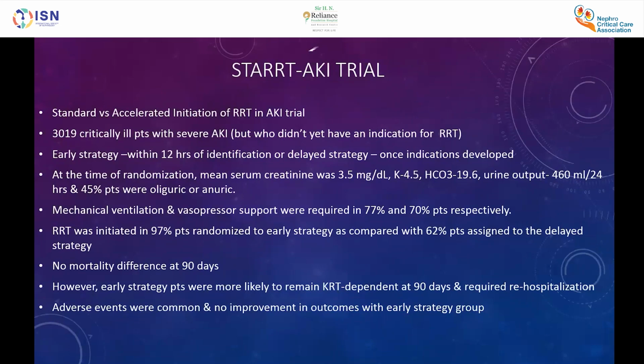They found that there was no mortality difference at the end of 90 days. However, early strategy patients were more likely to remain RRT dependent at the end of 90 days and required rehospitalization. The adverse events were common, and there was no improvement in outcomes with the early strategy group.